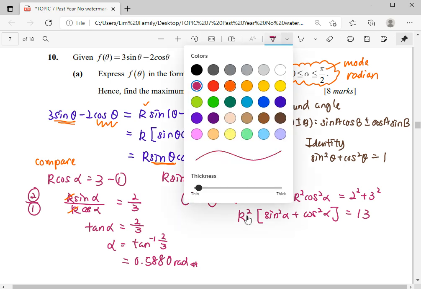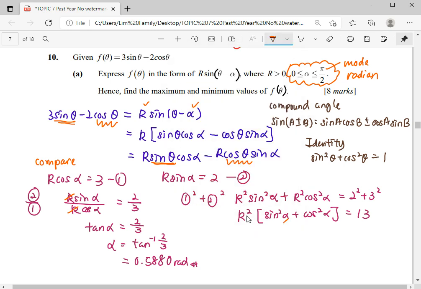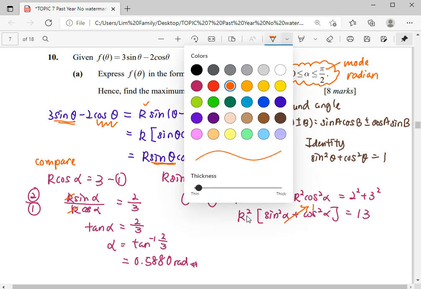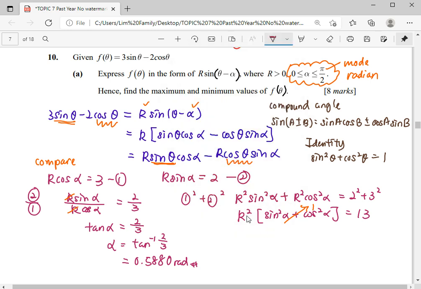You can notice that our alpha is also eliminated because this equals 1, so we can get straight to the answer for r.